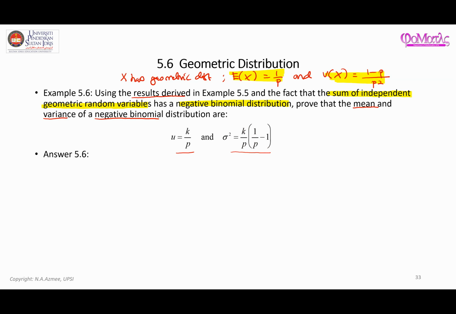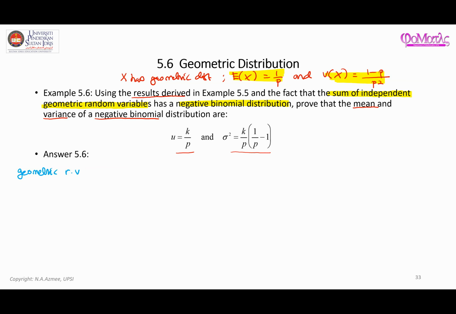Before we go on, let me explain the meaning of this statement. Recall what a geometric random variable is.